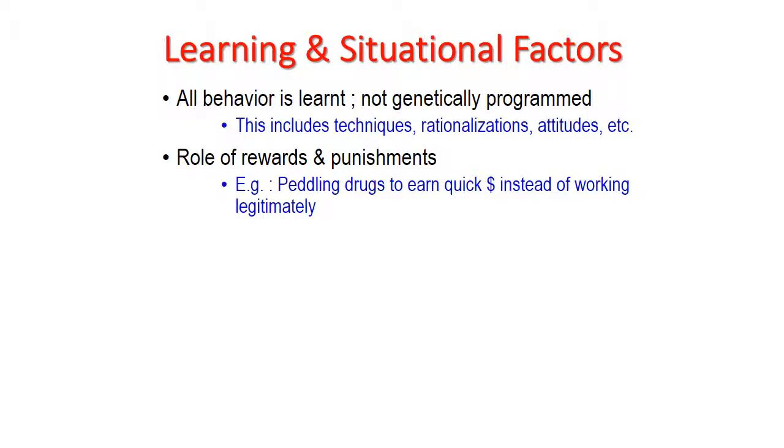For example, let's look at someone who is peddling drugs to earn quick money illegally instead of working legitimately. As you may already know, peddling drugs can earn somebody up to $15,000 a week by just selling drugs at a coffee shop, sitting in a coffee shop, drinking a beer or a coffee for a few hours a night, 2 to 3 times a week.